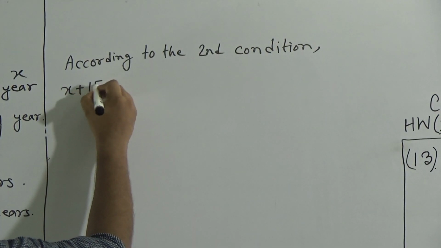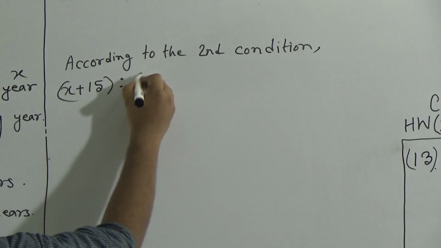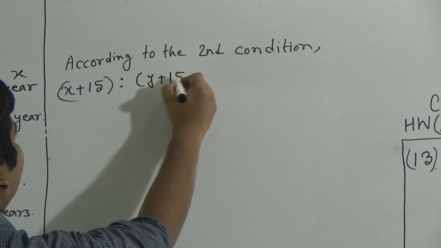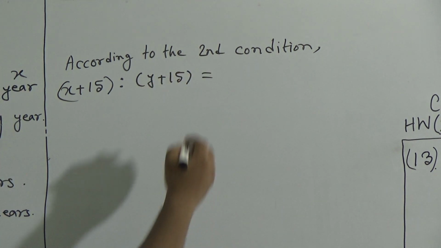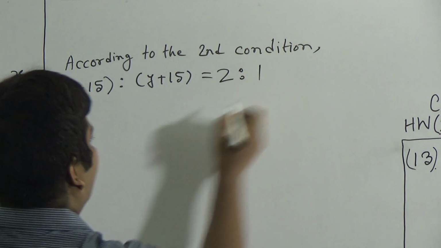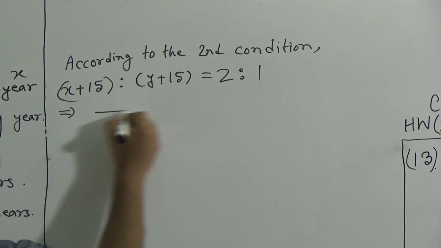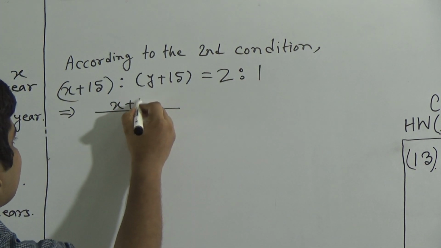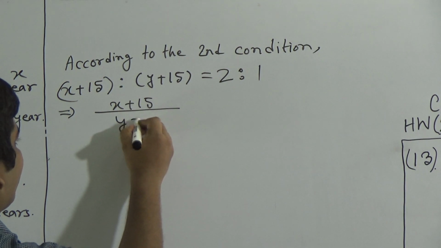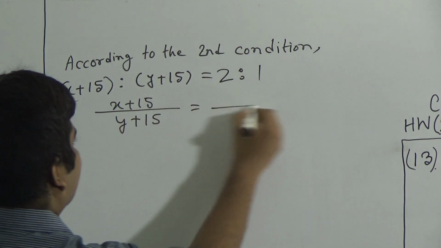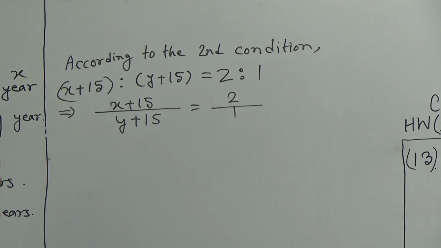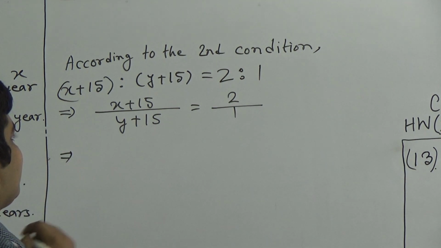So we write x plus 15 is to y plus 15 equal to 2:1. Then we write this x plus 15 by y plus 15 divided by 2:1. Here you notice we used here cross multiplication method.